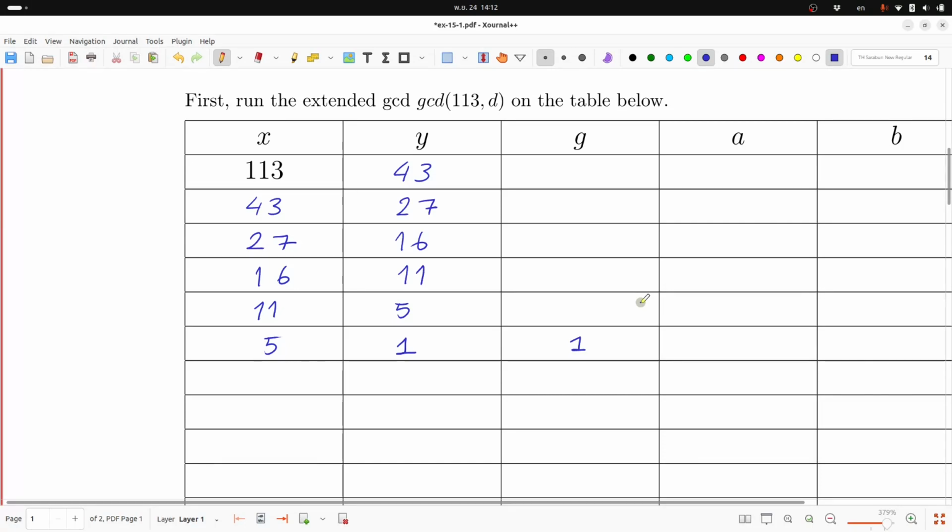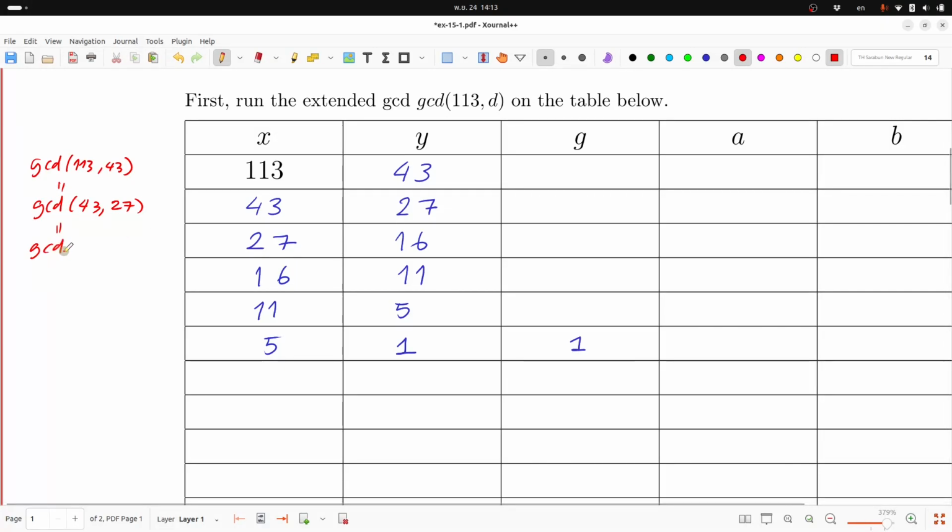We call GCD of 113 with 43, but 43 doesn't divide 113, so we recursively call GCD of 43 and 27. This is 113 mod 43. Then it recursively calls GCD of 27 and 16, and so on. In the end, it calls GCD of 5 and 1, and it returns the GCD to be 1.